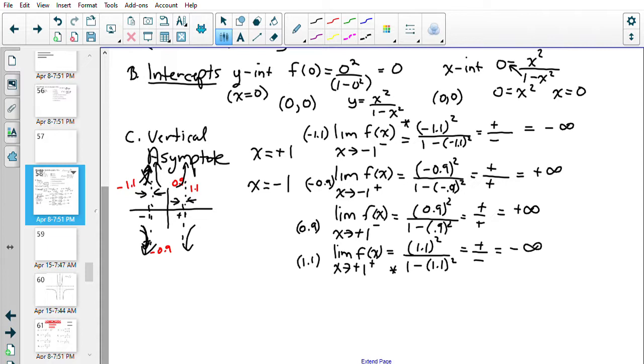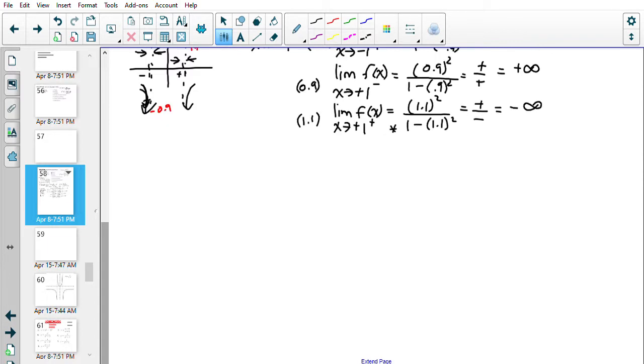We also have to work out the horizontal asymptote. So for the horizontal asymptote, we do a different test, and there's a few different ways to do this. I'm going to do this by employing L'Hopital's rule and looking at the limit as the function approaches infinity.